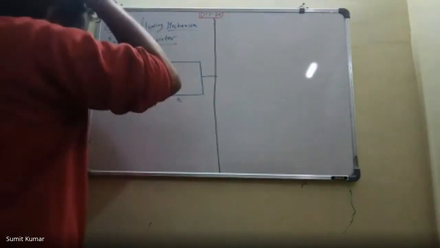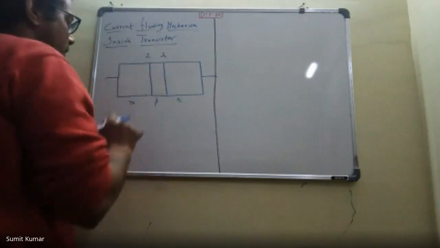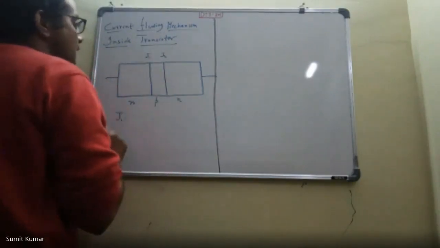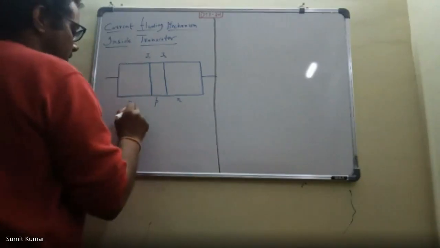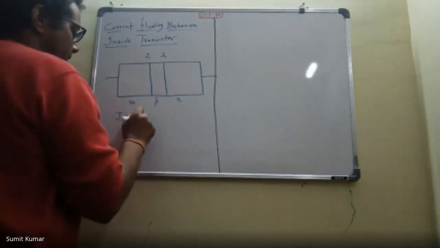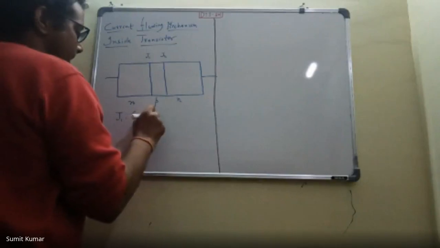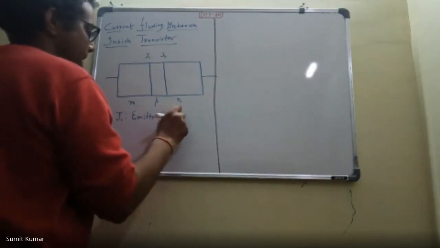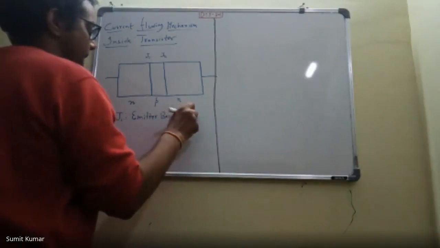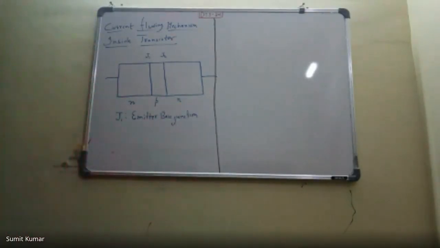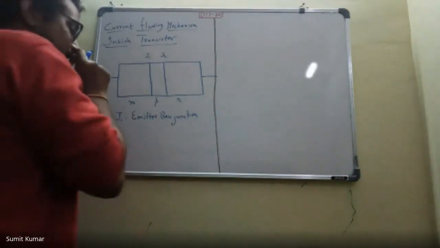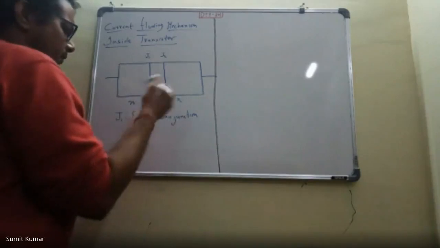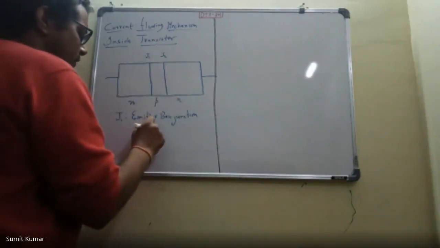But first let me give all the nomenclature here. This junction J1 is called the emitter base junction, or popularly it is also called the emitter junction.